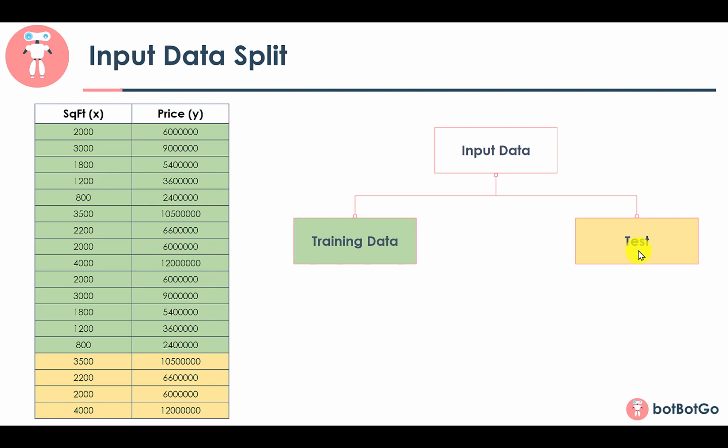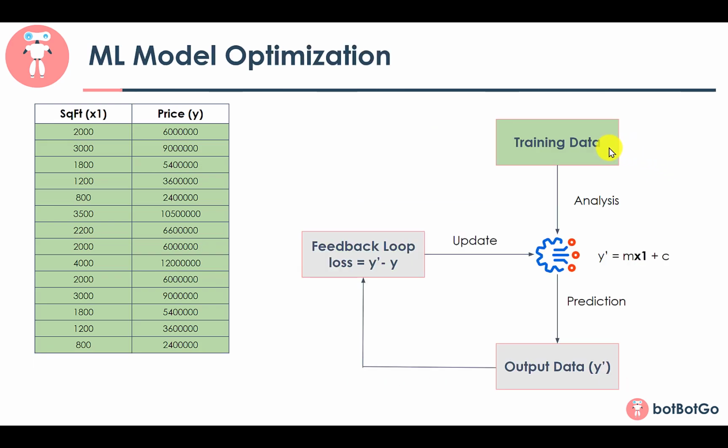Let's move forward and understand how this training data would be used in order to build a model. Here we have training data which is being fed into some kind of package. This could be a bunch of libraries from Python. With the help of these packages, you're trying to make a model, which in our case would be some kind of regression model based on this training data.